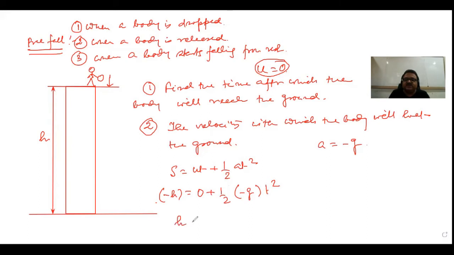Simplifying, h = half gt square, hence t = root over 2h by g is the time after which the body will hit the ground.